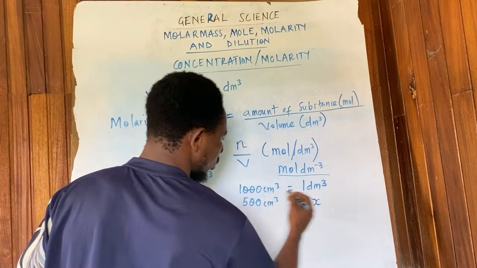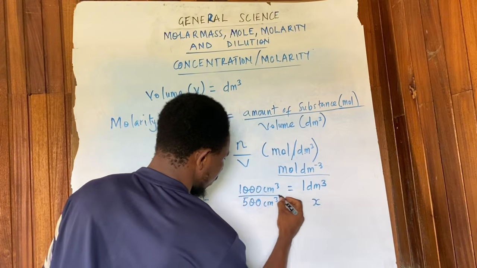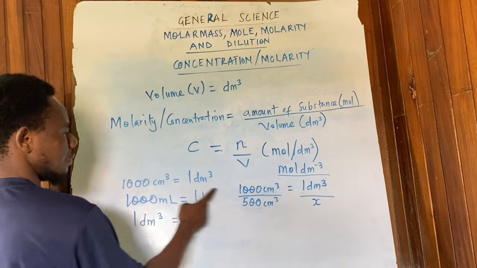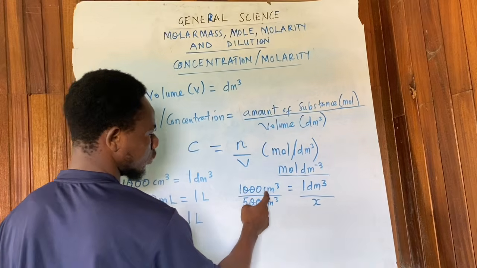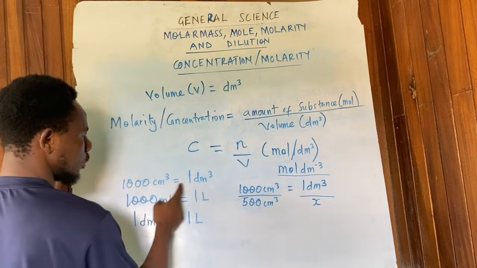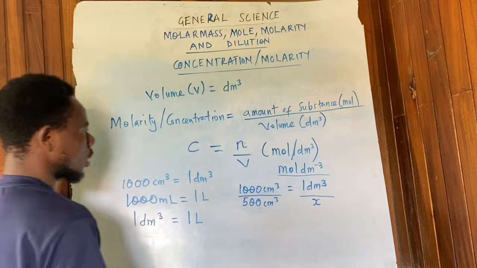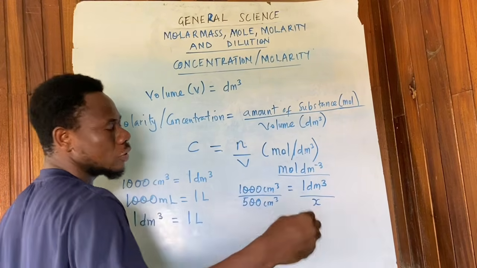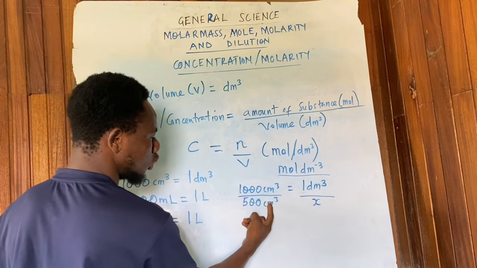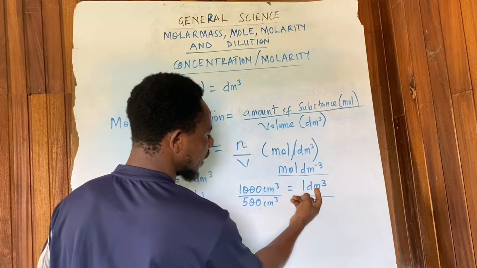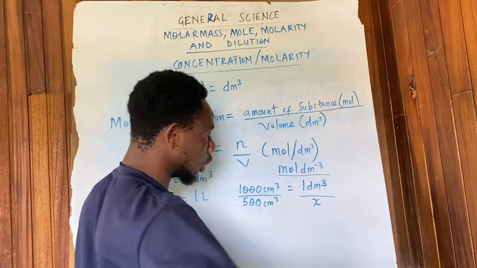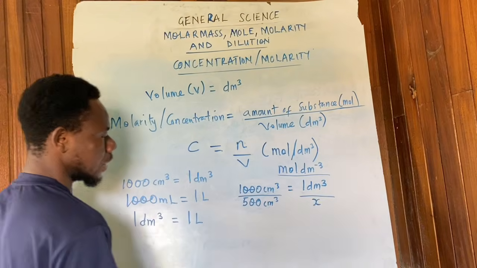After, just do it like this. So my conventional unit, I am changing from cm cube to dm cube. This is it. 1000 cm cube is equals to 1 dm cube. Now, let's say in the question I was given 500 cm cube. I want to change it to dm cube. So cm cube should be under cm cube. Dm cube should be under dm cube, because you don't know your value in dm cube. So you write it down like this.